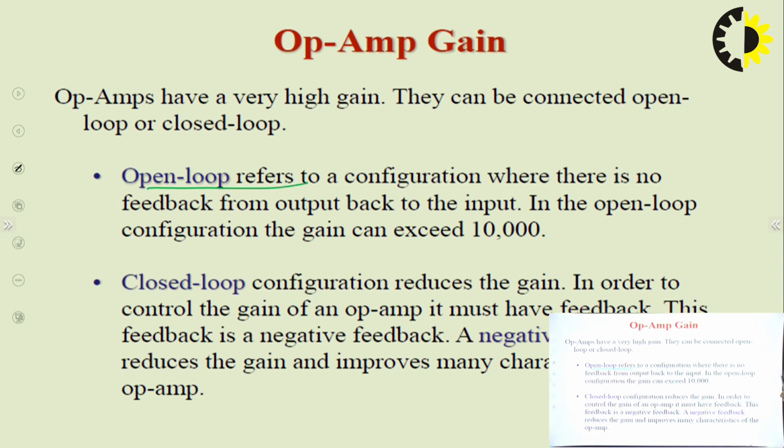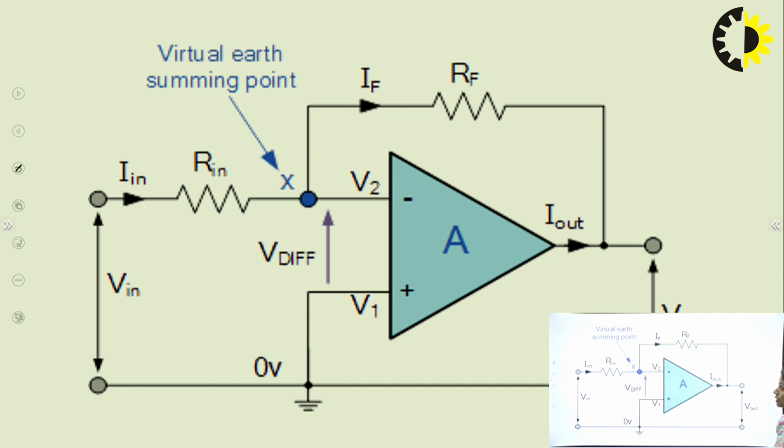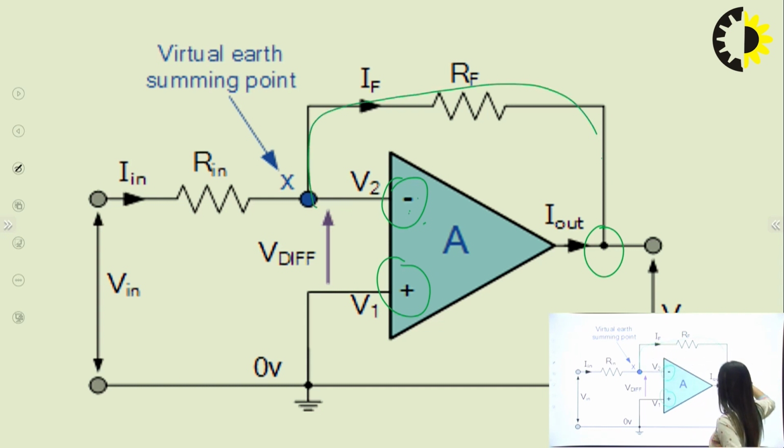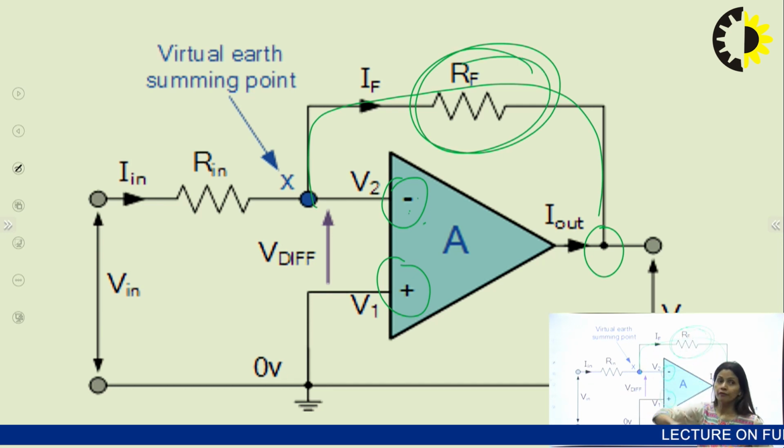Which is known as negative feedback. This is the output terminal, these are the input terminals, and this is the inverting terminal, this is the non-inverting terminal, right? And we have connected this feedback resistance RF between the terminals 2 and 6.